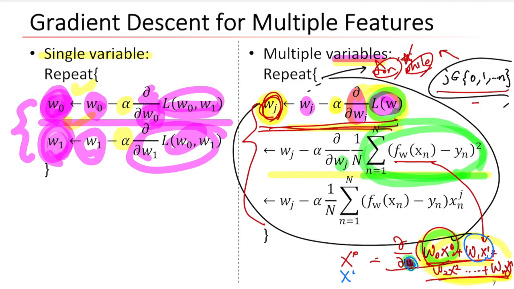I guess you already know the chain rule to compute the derivative of this whole term. Here we just defined the derivative of this term, but in this equation we have to compute the derivative of the whole term. So what do we have to do?